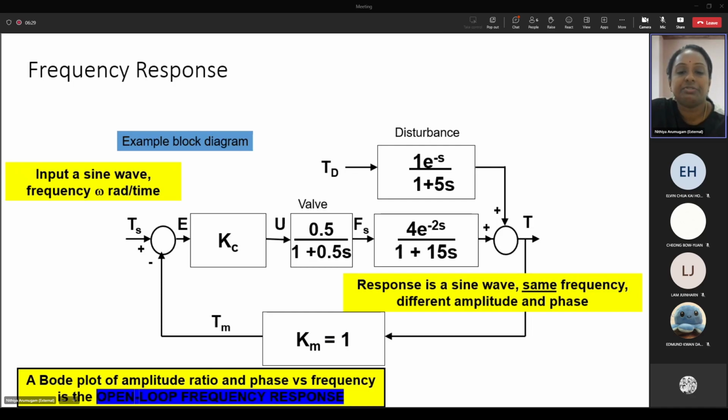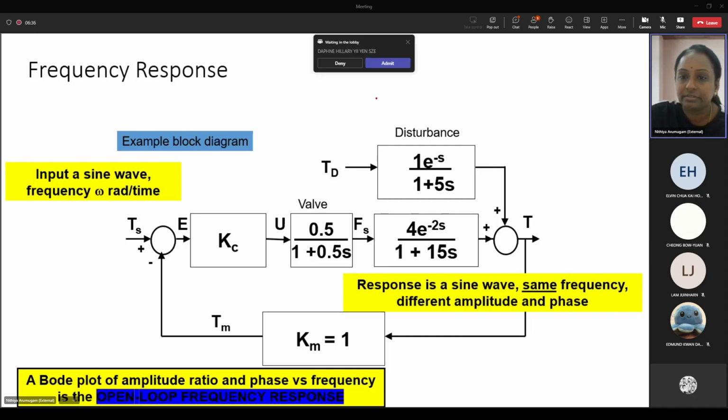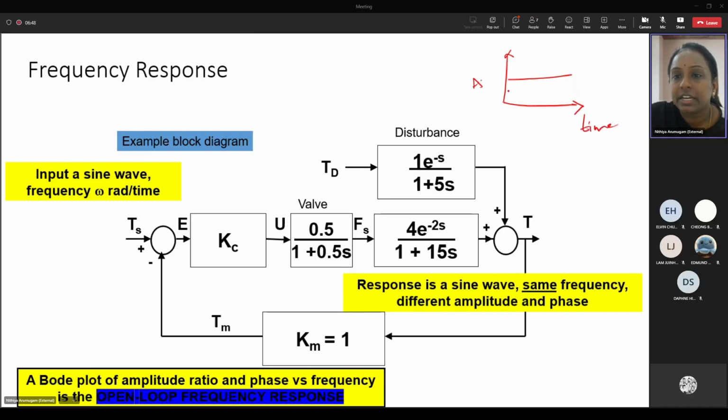So the difference between the frequency graph and the Bode plot is that in the frequency graph, you will be having amplitude versus time. Okay, we'll be having a frequency graph or plot like this. This is for input, let's say, and output maybe will be something like this. This is the frequency response.